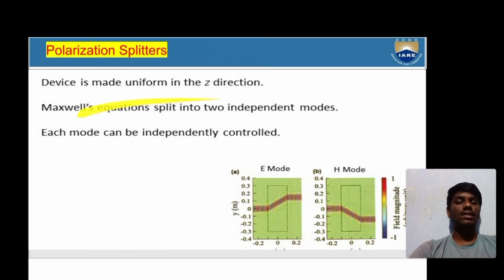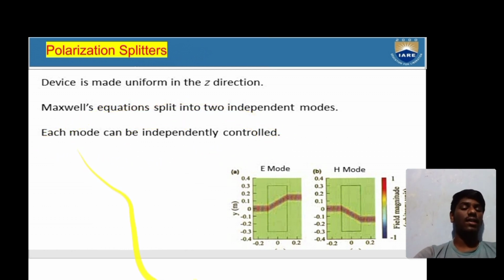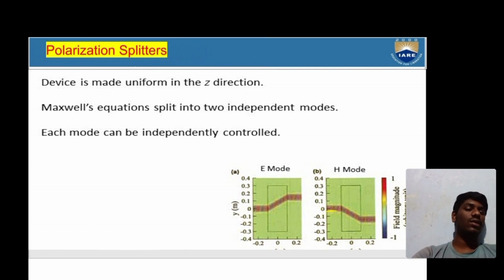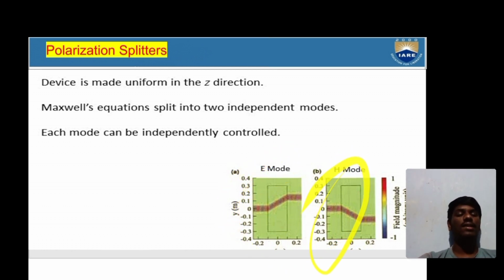Maxwell equations split into two independent modes, and we can control each mode independently. Here see the graph of E mode, and this is H mode. Here we can see the difference. The coordinates will be the same. This is E mode, and this we call H mode.